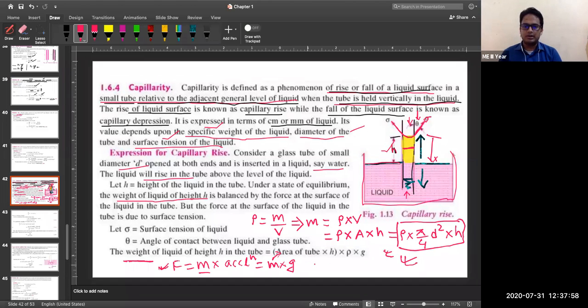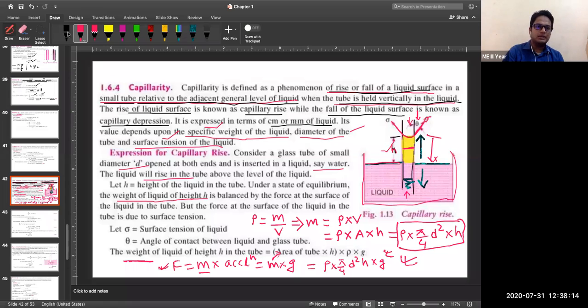So finally you can write weight of the liquid equals rho into pi by 4 d square into h into g. So this is what is written here.